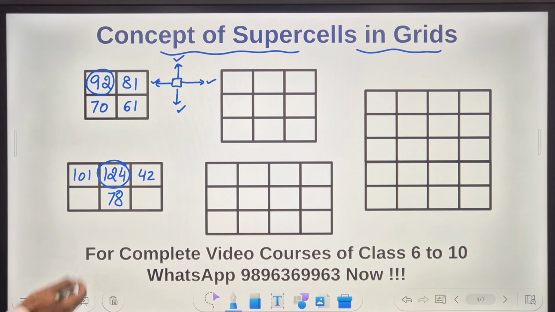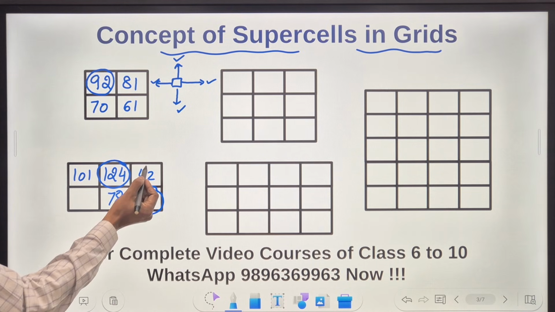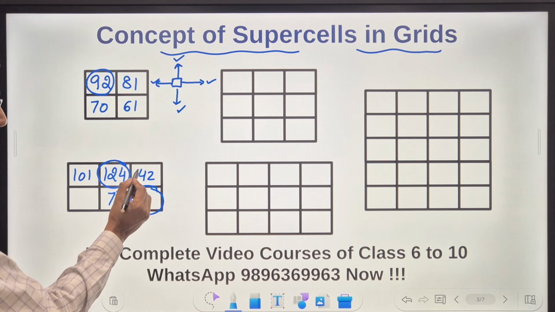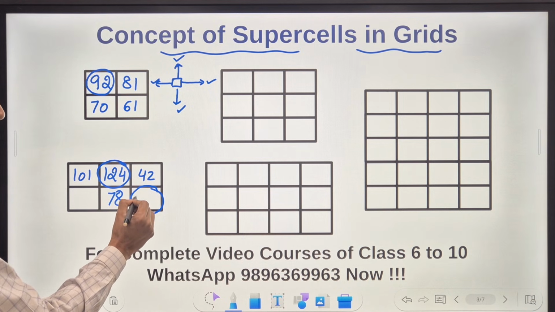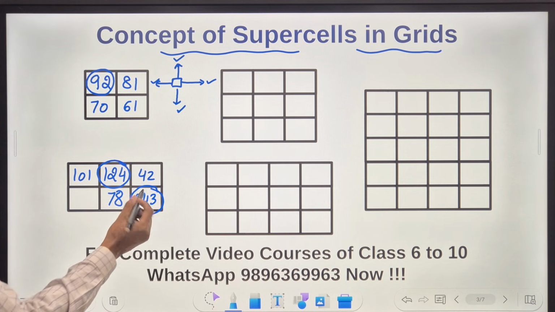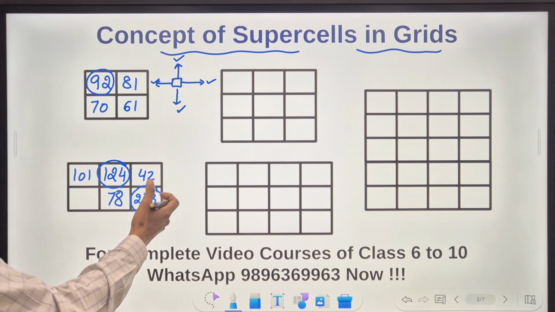Now if I want that this also should be a supercell, then its top neighbor and the left neighbor have to be smaller. So 42 and 78, so let's write a number greater than these two. Let's write 243. Now this becomes a supercell because it has only two neighbors, the top neighbor and the left neighbor, and both are smaller than this.